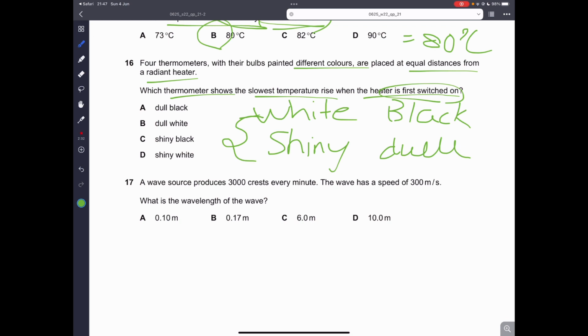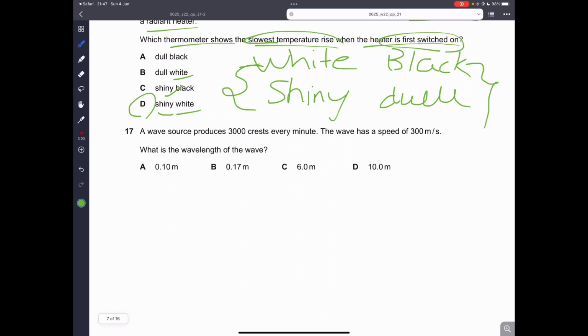White and shiny materials are very good reflectors of heat, while black and dull are very good absorbers of heat. And therefore, which one shows the lowest temperature rise? So we want a poor absorber but a good reflector of heat, and this would be the white color, but it should be shiny as well, and therefore D is the correct answer.